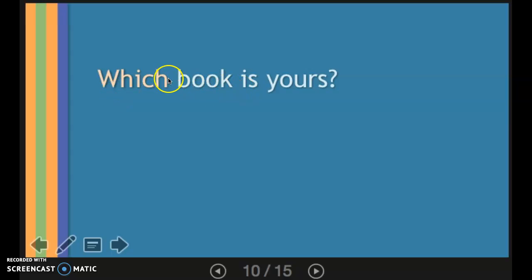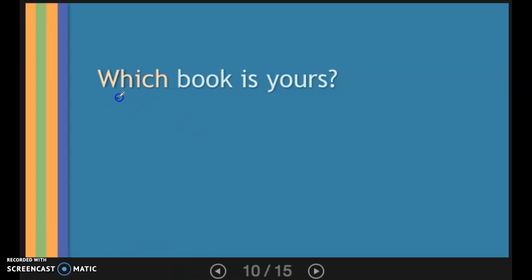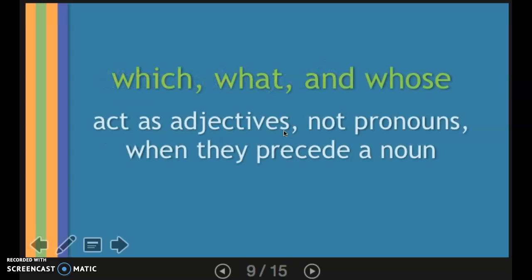This word is coming before a noun and it's asking a question, okay? So, which, it's before a noun, and it asks a question. What time is it? Whose jacket is this? These are all coming before a noun in a question. That is acting as an adjective, not a pronoun, when they precede a noun.